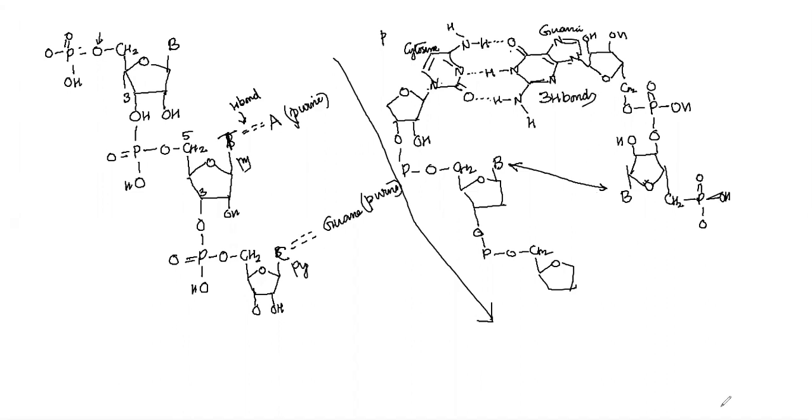Similarly, you can draw the structure of adenine and thymine, and you can find that it contains 2 hydrogen bonds. Adenine and thymine contain 2 hydrogen bonds.